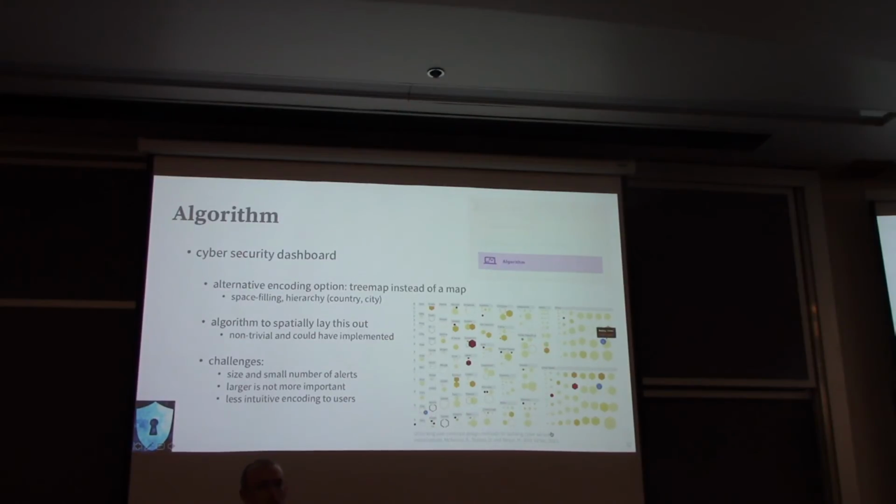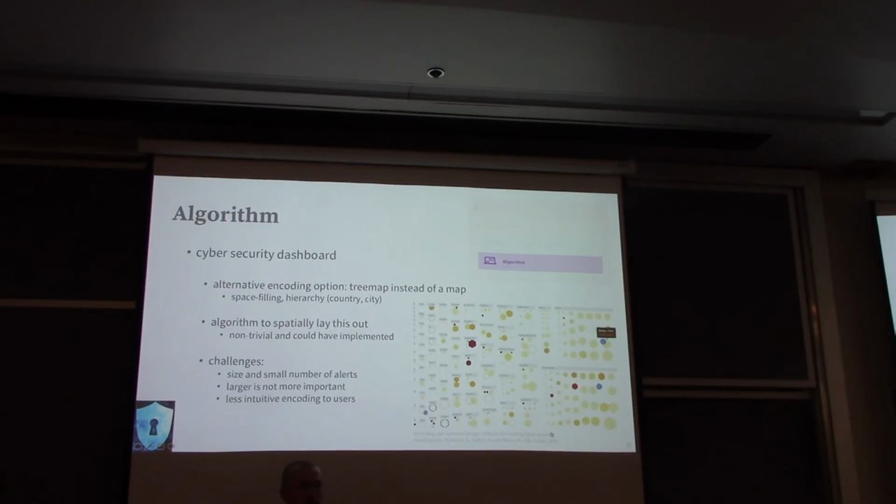But again, after thinking about what we were trying to show, and what the important patterns are that are really critical, what we found is that using the tree map was actually kind of challenging. One of the reasons was that, because of the way the tree map algorithm works by default, the countries with say 1 or 2 or 3 alerts ended up really small, and they didn't really show up because the area given to them was just too tiny. You can tweak that, you can make it work, but that was one downside.